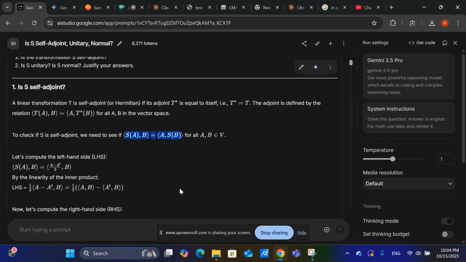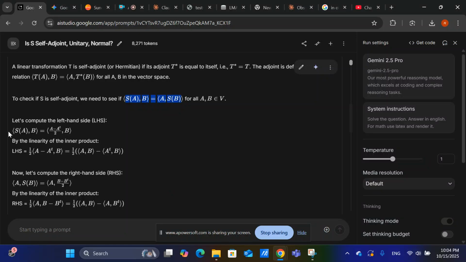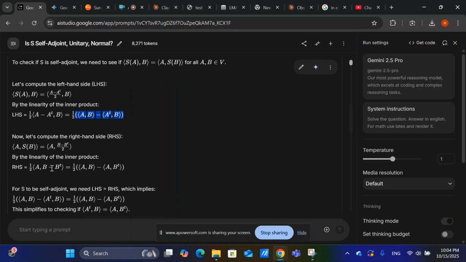Is the inner product of S(A), B equal to the inner product of A, S(B)? When we calculate S(A), B, we are getting this. Using linearity, we get to this one. Calculating A, S(B), we get this. Using linearity, we get to this one.